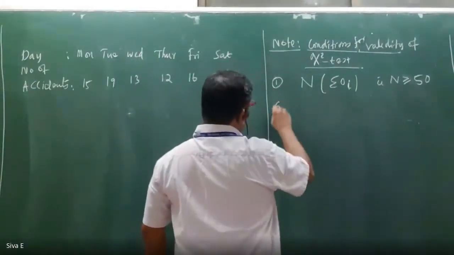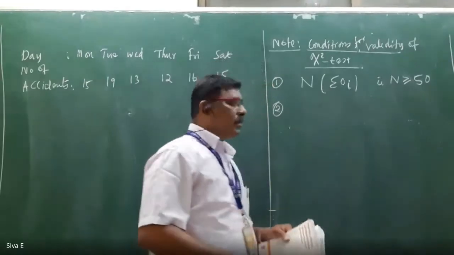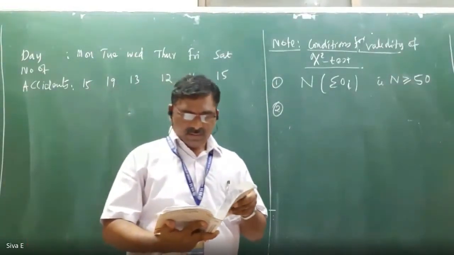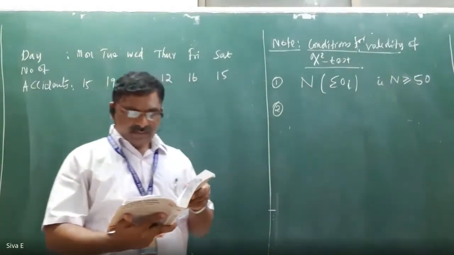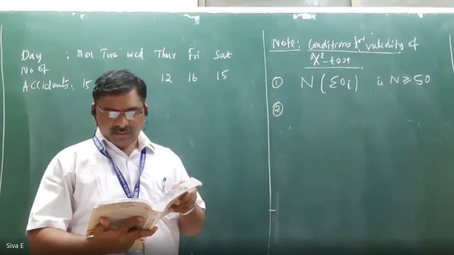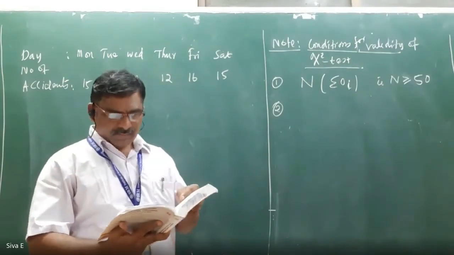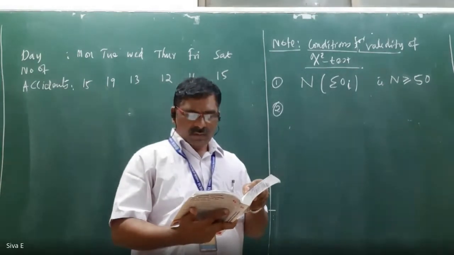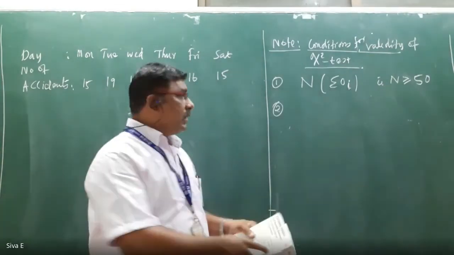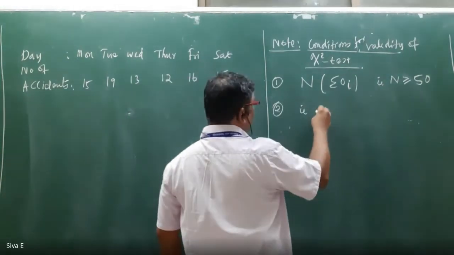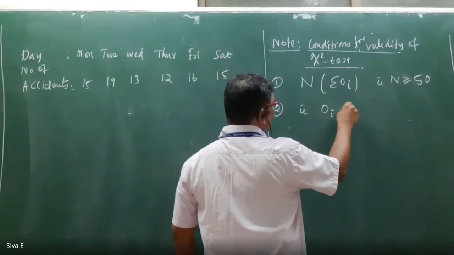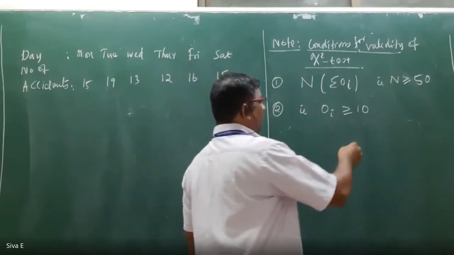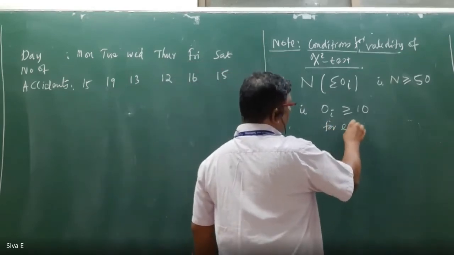Second one, individual frequencies must not be too small. That is, O_i is greater than or equal to 10 for each case.